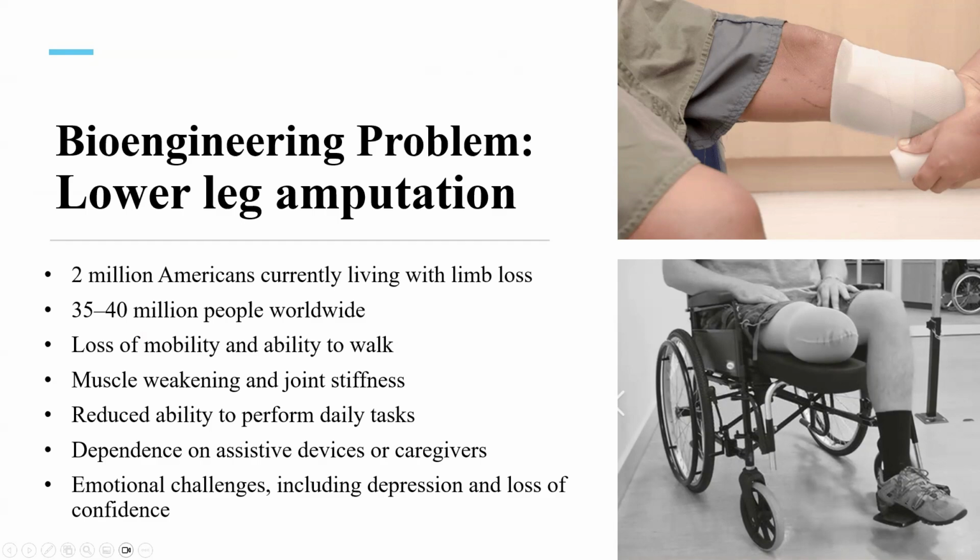This limb loss causes loss of mobility, muscle weakening, joint stiffness, reduced ability to perform daily tasks, dependence on other people and caregivers, and also emotional challenges, including depression, loss of confidence, anxiety, etc.